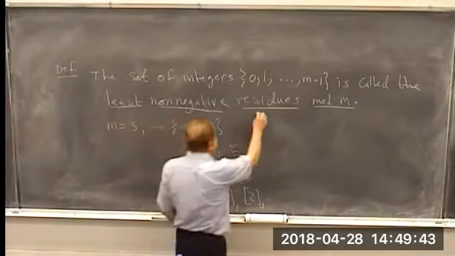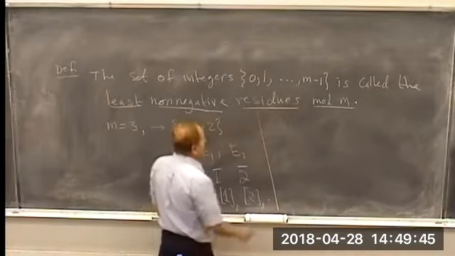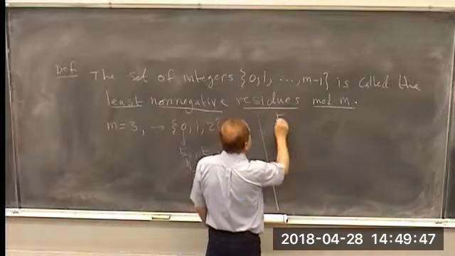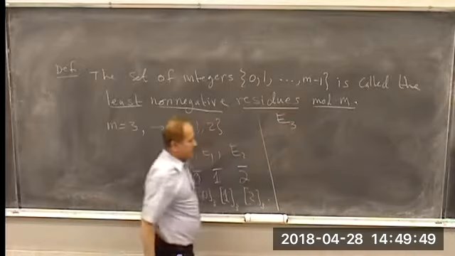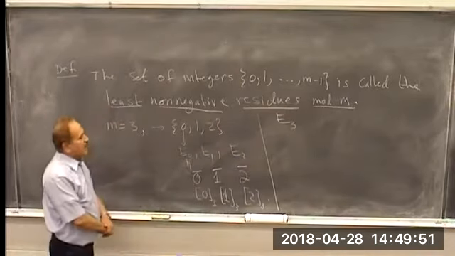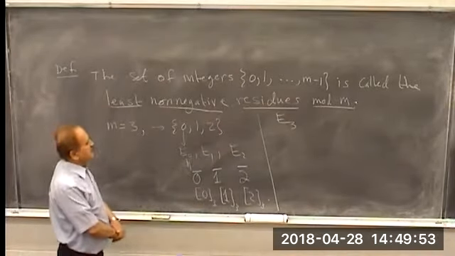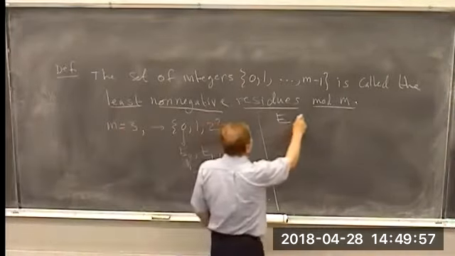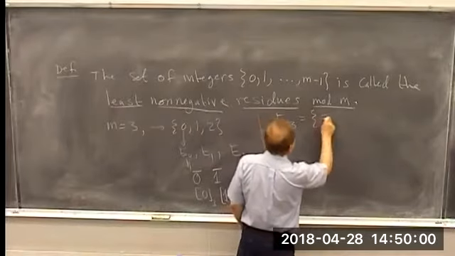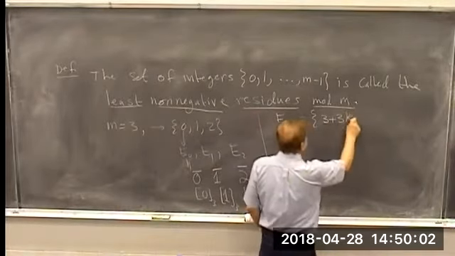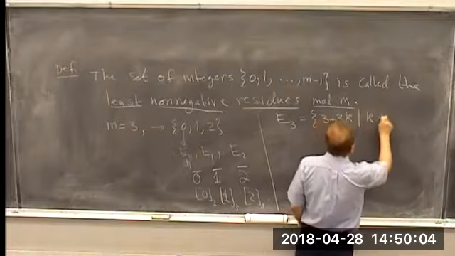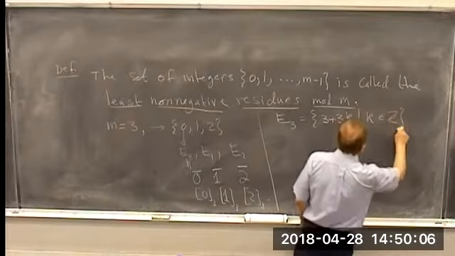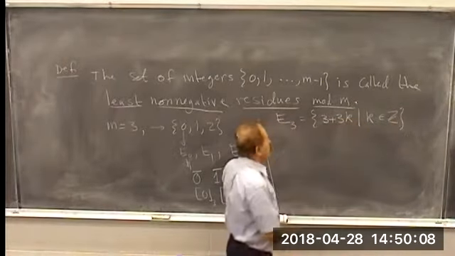For example, if you look at E sub 3 itself, this means all the integers equal to 3 plus 3k, such that k is in Z. And this is actually the same as E sub 0.